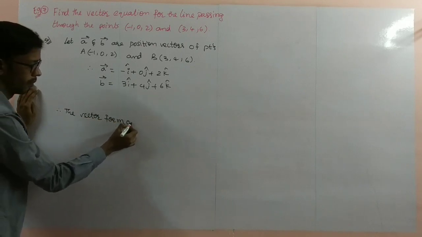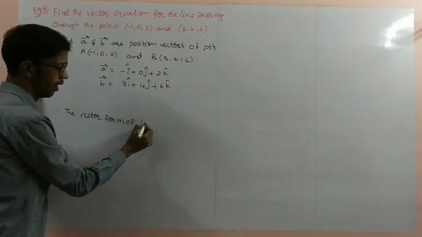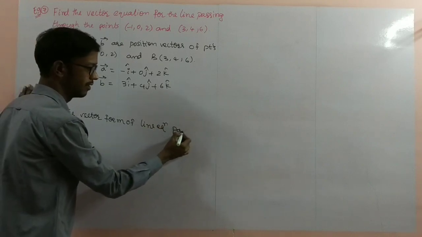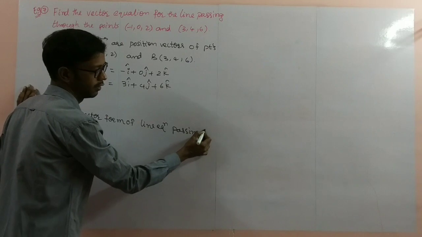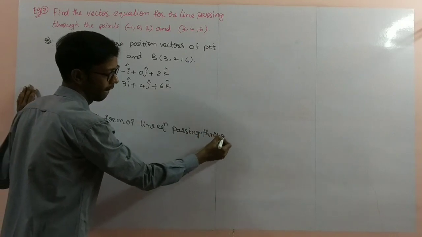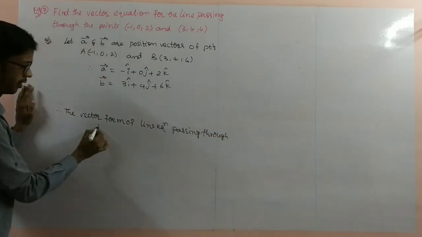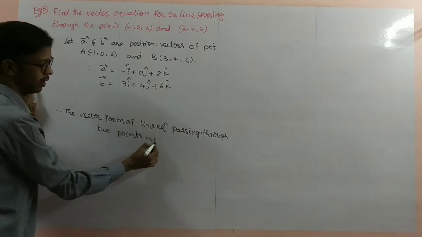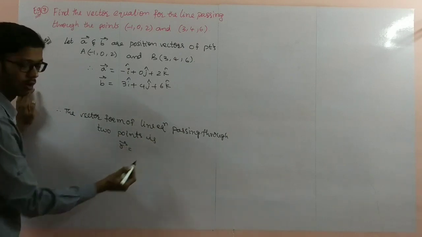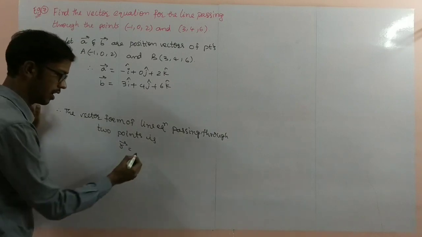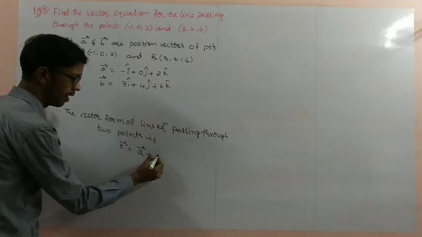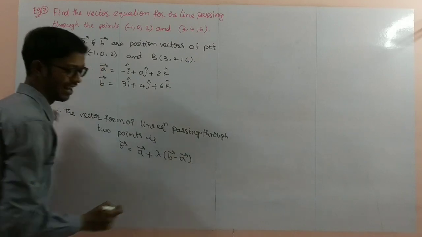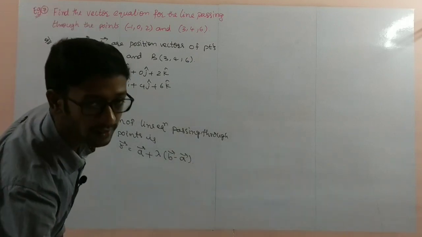The vector form of the line equation passing through 2 points is R bar equal to A bar plus lambda into B bar minus A bar. We know the formula.